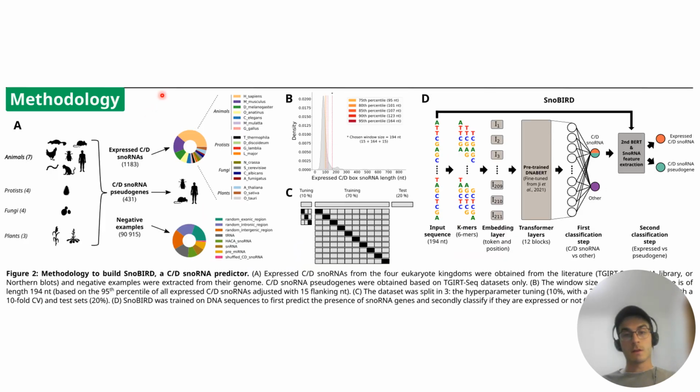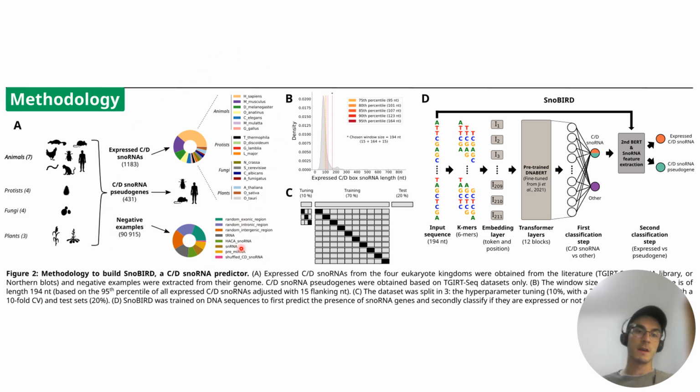So I built SnoBIRD, which is a machine learning model based on BERT models. And to train that model, I had to collect a lot of different examples. So examples of expressed CD snoRNAs, snoRNA pseudogenes, and also different negative examples, which were picked by randomly picking regions in the genome of different species, and also by taking other types of negative control non-coding RNAs such as tRNAs and snRNAs.